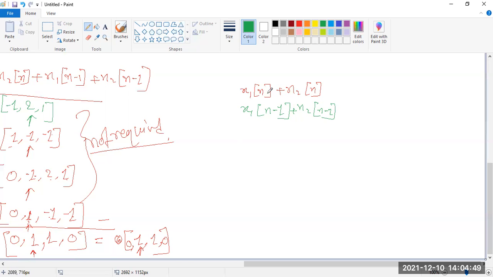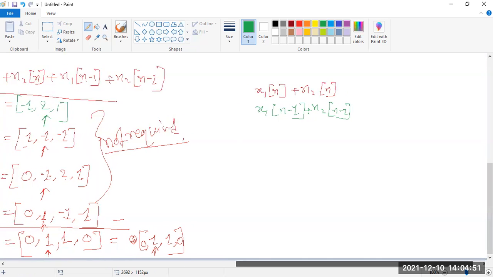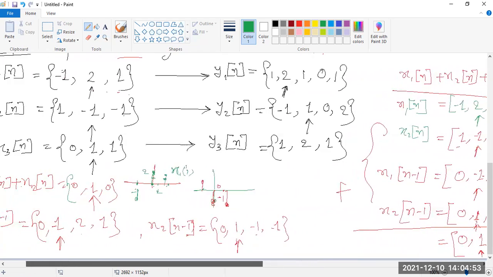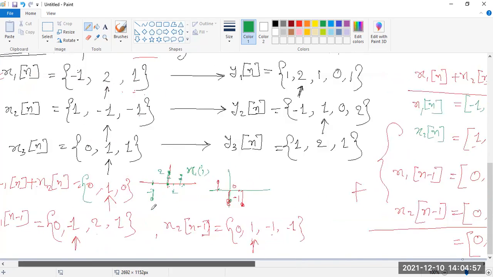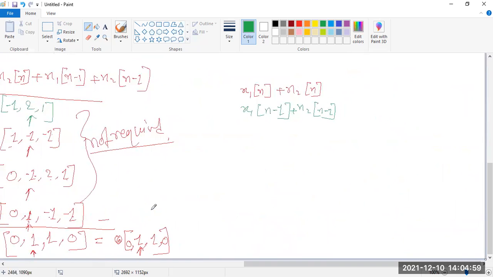You can write down x1 plus x2 in this term. Is x1 plus x2, you can find that is 0 1 0. Okay, 0 1 0.